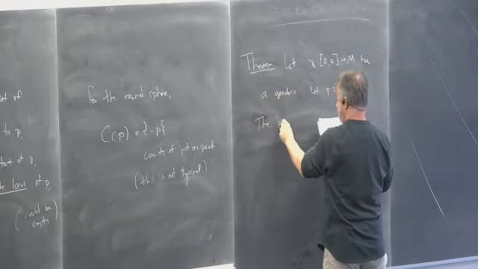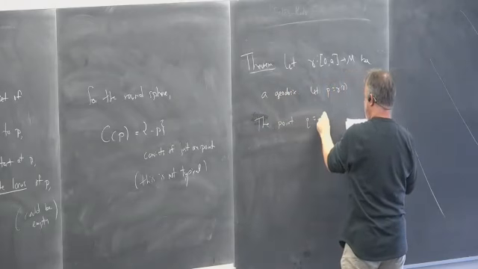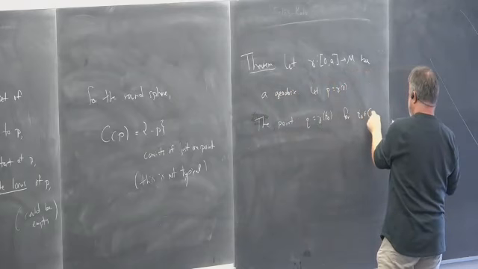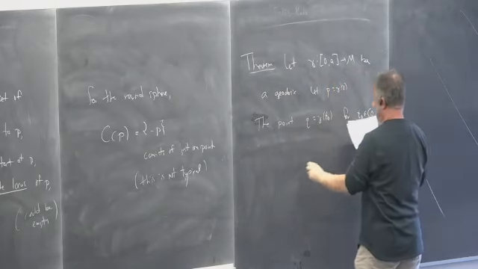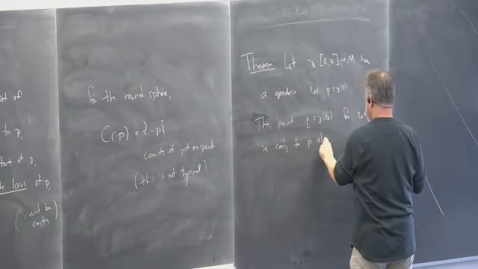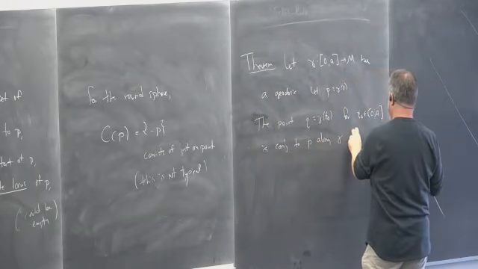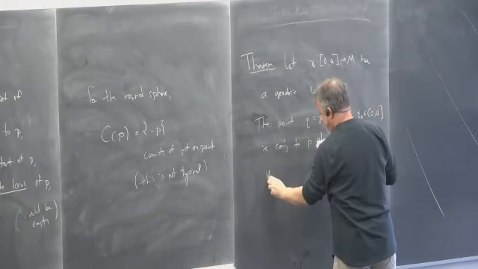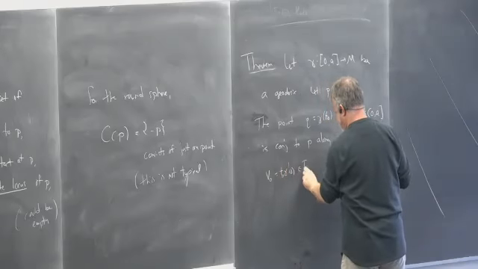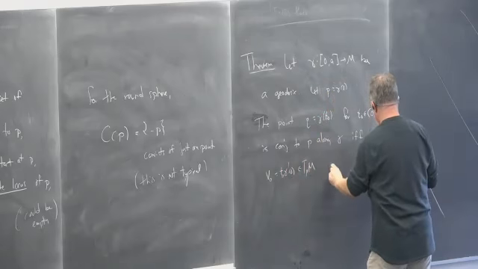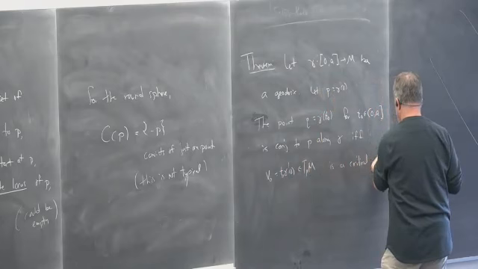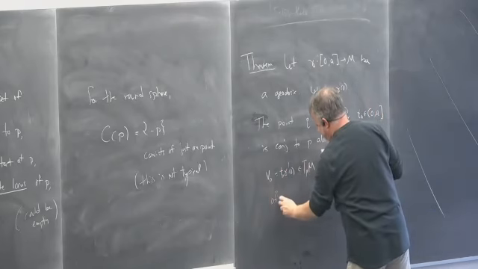Then the point Q, which is gamma of T naught, for T naught strictly bigger than 0 and less than or equal to A, is conjugate to P along gamma if and only if V naught, which is T naught times gamma prime 0, this is in TPM, is a critical point of XP.